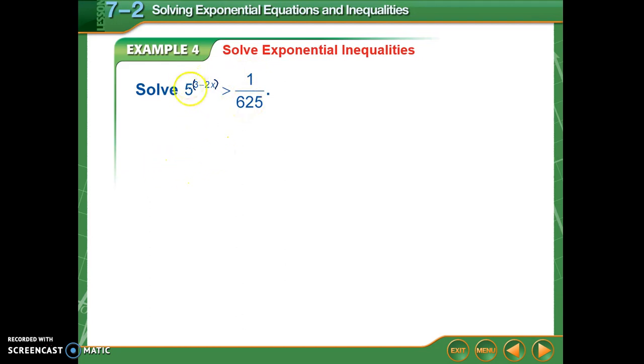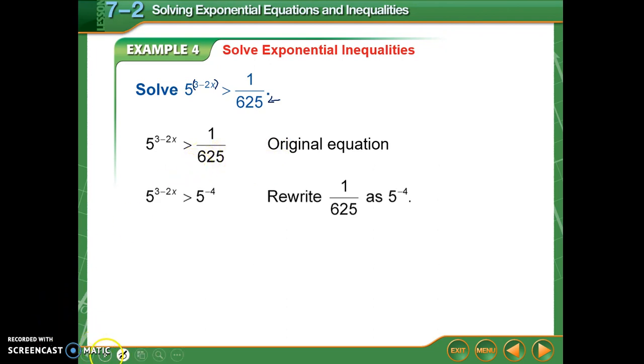So what you need to notice here is my base 5, well that can't be written a different way. So I'm asking myself, can I rewrite 1 over 625 with a base of 5? Or basically, is 625 a power of 5? Your table of common roots from chapter 6 will probably come in handy sometimes here if you forget. So here's our original equation.